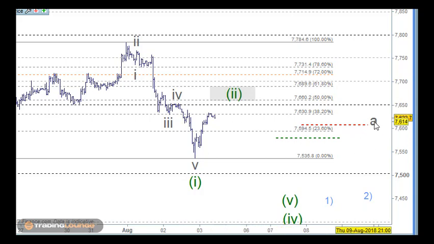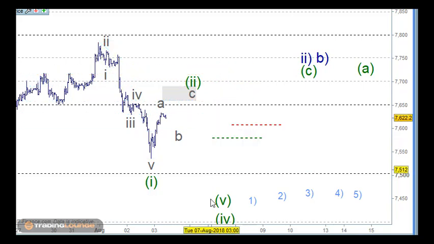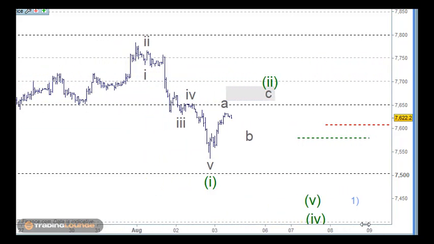I'm just not quite sure how this is going. I don't know if that's the A wave in here and the B wave here, and then the C wave up here, and we fail with another little push to the upside, or this just becomes the A wave here, and then the B wave would pull back, and then the C wave would be up here. So I'm not quite sure how that's going to pan out, so I'll just have to wait and see at this stage.